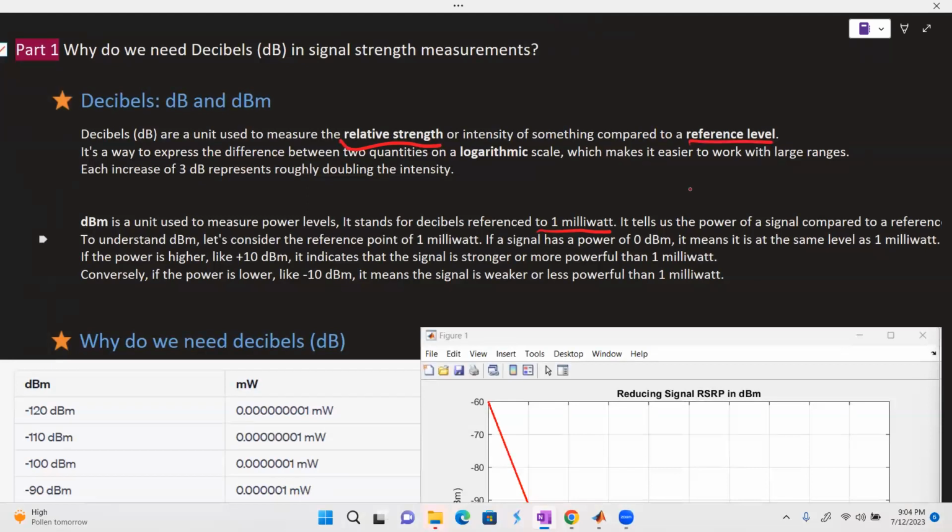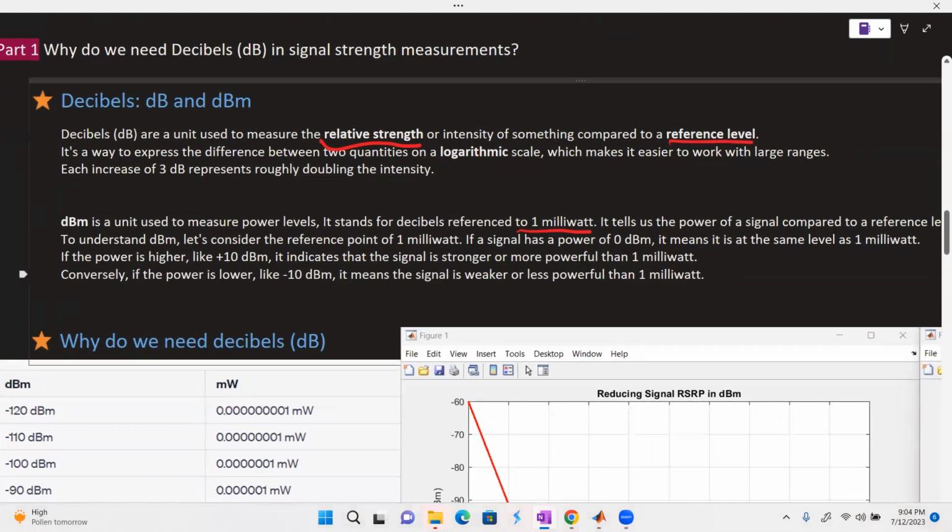And when the reference level is 1 milliwatt, the unit is called dBm, decibel milliwatts. So when you're talking about decibels, there are two relative values, and when it's dBm, it's the measured power level with reference to 1 milliwatt. It tells us about the power of a signal compared to a reference level.